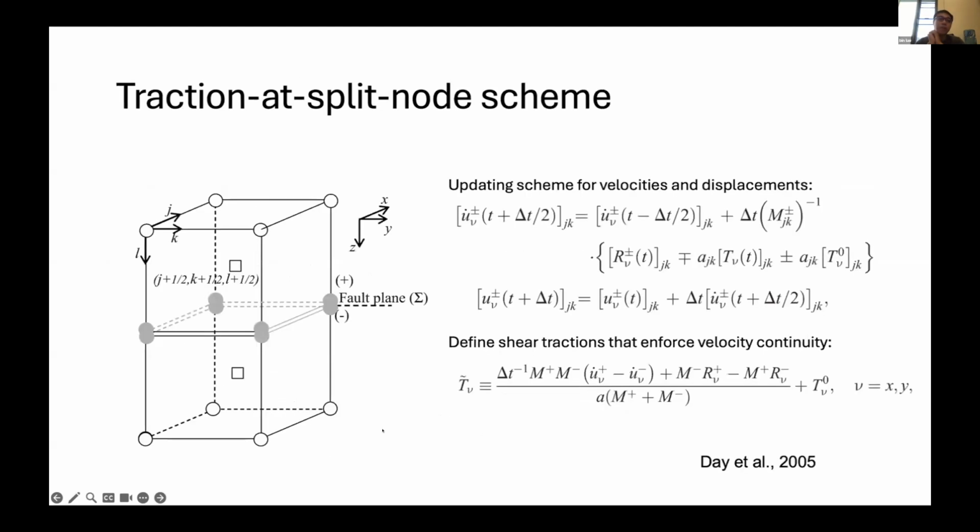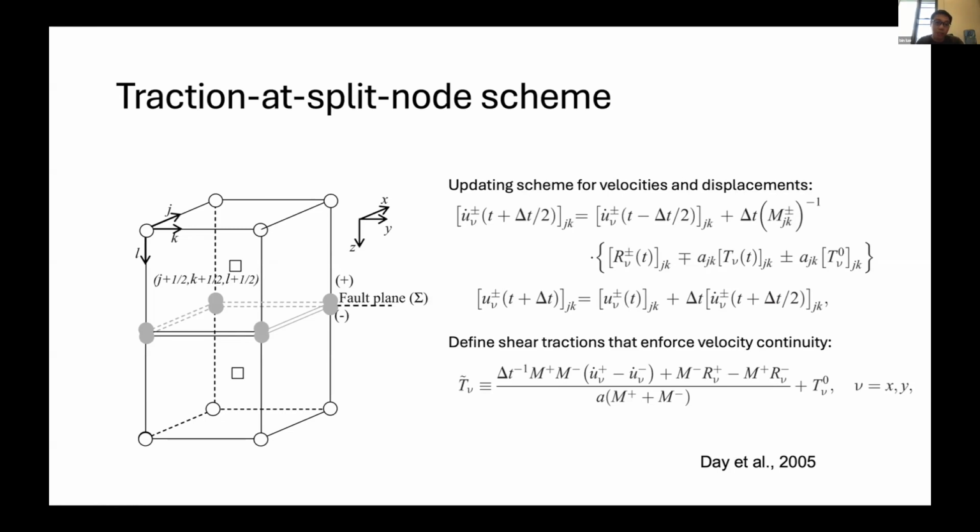So today what I'm going to talk about is how we implement this friction law into our EQdyna code. It's actually a little bit tricky, and I need to go back to what Dr. Duan has shown previously, the traction-at-split-node scheme, because EQdyna simulates the evolution of the whole media, including the motion of the off-fault material and also the slip on the fault.